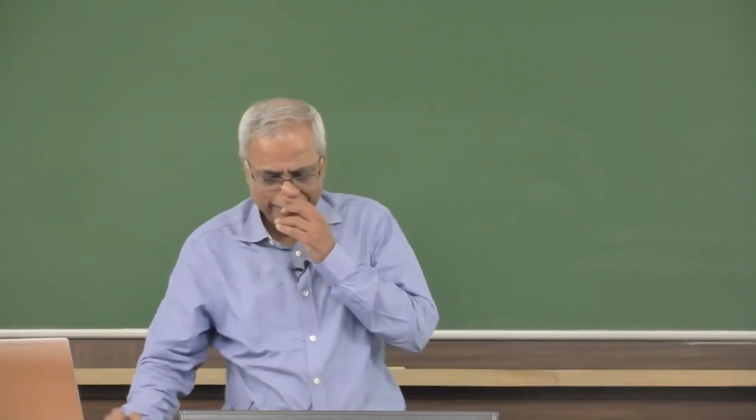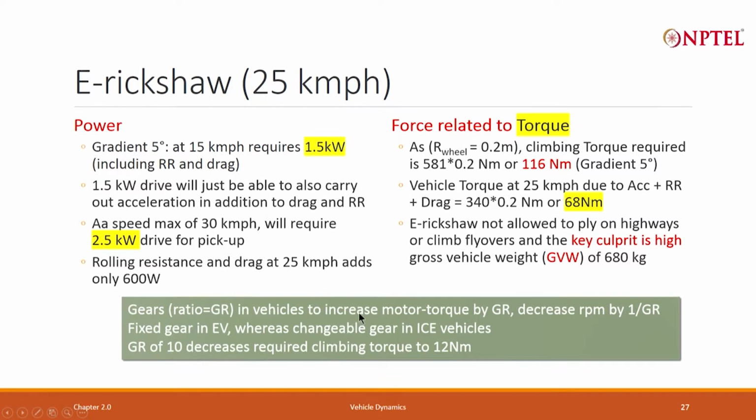So, for example, in a vehicle like an e-rickshaw, we will talk about this again and again. The gear ratio typically used is 10. Now, for the slope, instead of 116 Newton meter, I now require only 12 Newton meter to climb. Even that is tough from a 1.5 kilowatt motor.